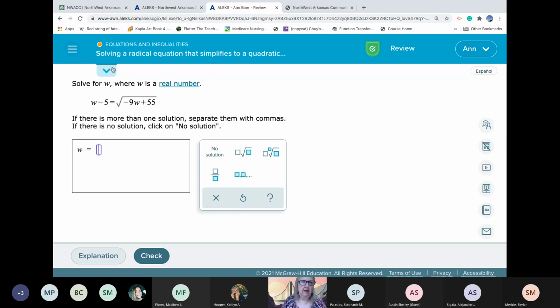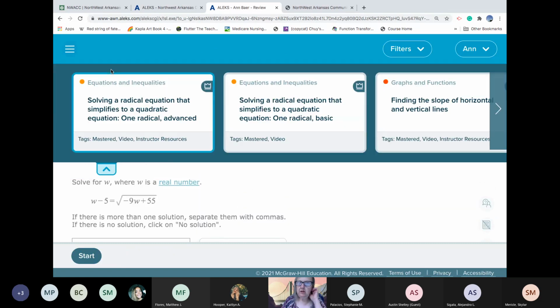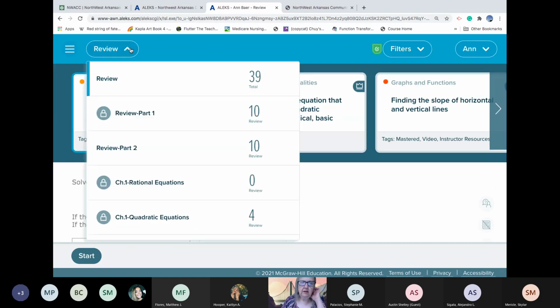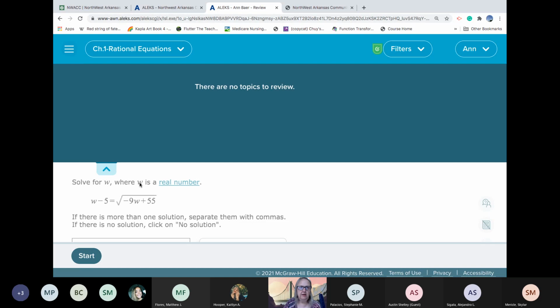This one is rational equations. That's what we're talking about today. And what I think you should do is label both of your notebooks, what we do in class and what you do in ALEKS, by whatever objective we're talking about.